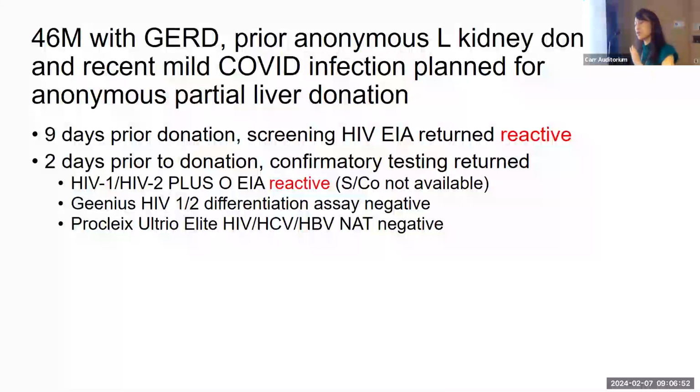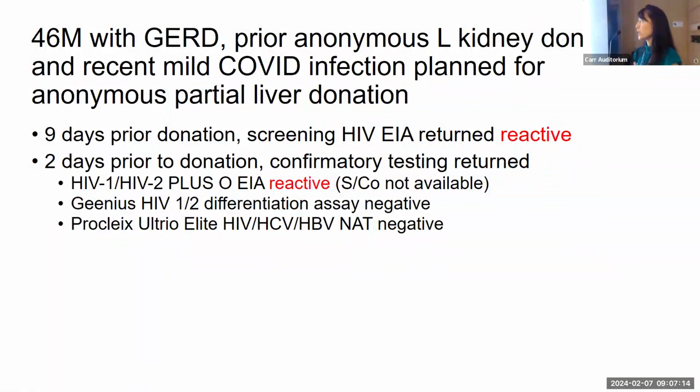So 9 days prior to donation, his screening HIV EIA returns reactive. They do their usual, they send the blood out for testing at the American Red Cross, and this returns 2 days prior to planned donation, and the EIA is reactive. It's the same assay. They don't have a signal to cutoff ratio available.